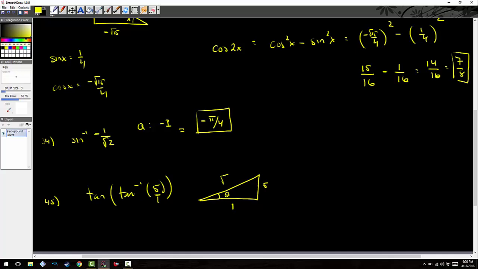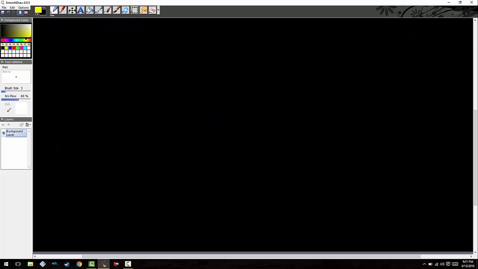Actually, I really don't need this. I'll just go ahead and do it after looking at my outer function. 25 plus 1 is 26, but again, I'm not going to need that information, because I'm going to end up taking tangent of that angle, which gives me opposite over adjacent. It's really just 5. Okay? So that's how you do number 45.